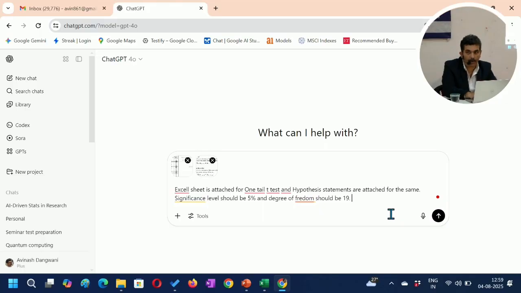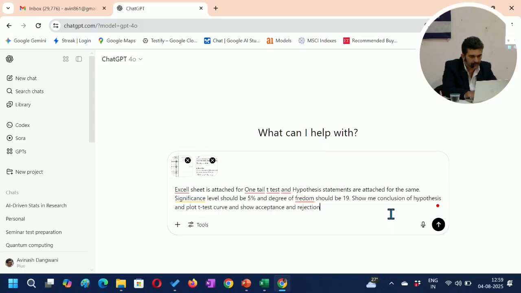Okay, I want a plot also, right? I want a t-test plot. Show me the conclusion of the hypothesis and plot the t-test curve and show acceptance and rejection regions clearly.